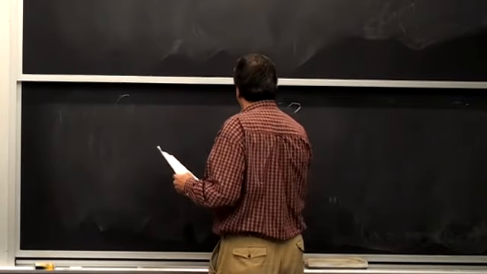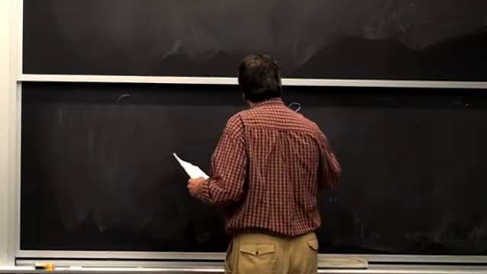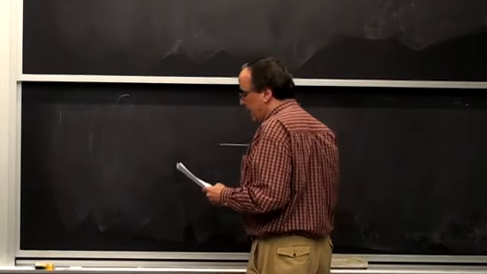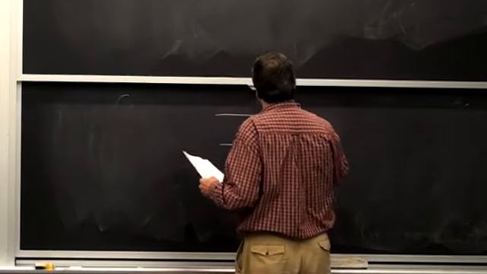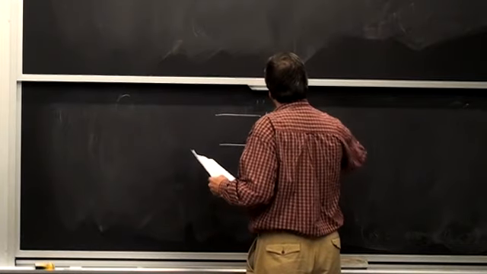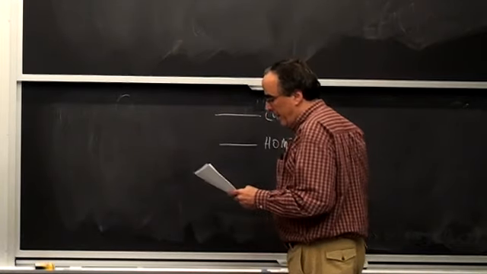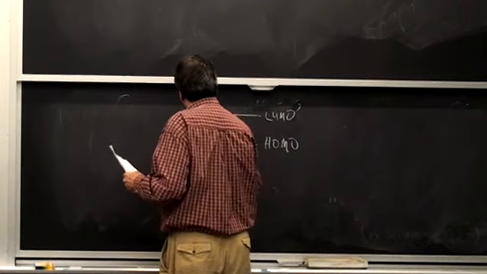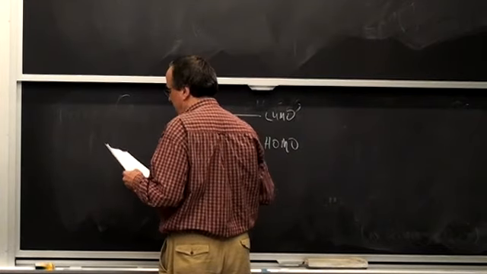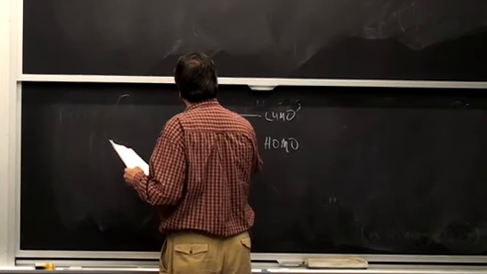So we have the highest occupied and the lowest unoccupied orbitals, 2b2 and 2b1.